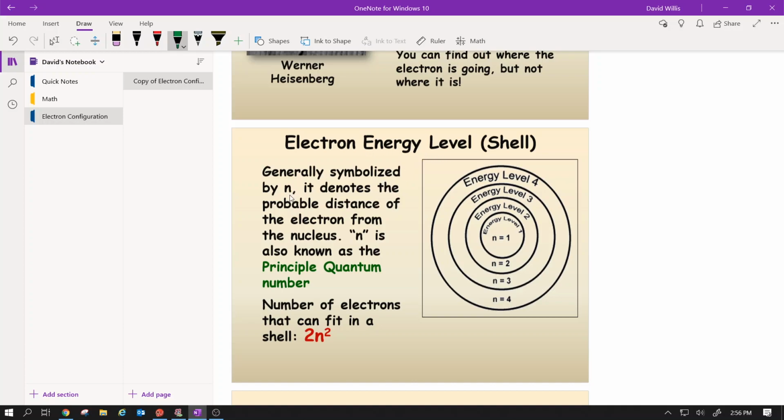Each level is symbolized by an N, and it denotes the distance from the nucleus. That is known as the principal quantum number.